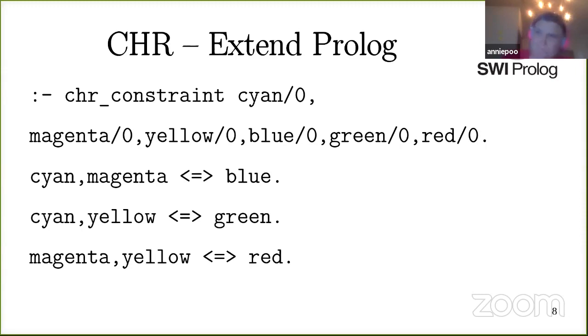If I drop magenta into the store, it's there. I have magenta in the store. I drop yellow into the store, and the last line fires, and the magenta and the yellow are removed and replaced with red. So that's CHR. There's many cool things you can do with CHR.